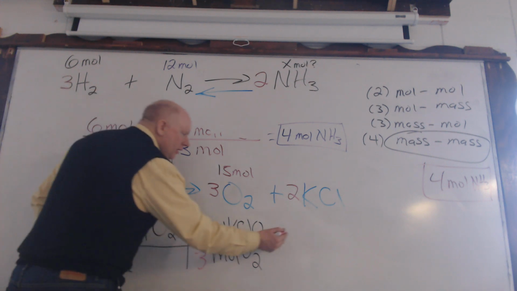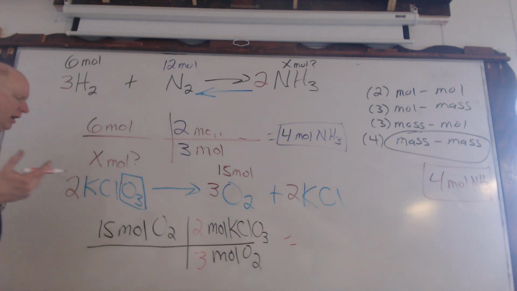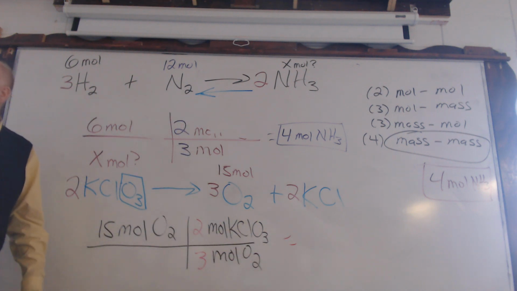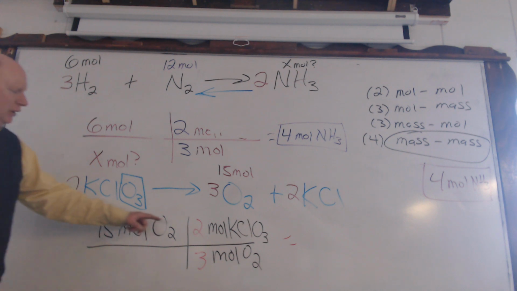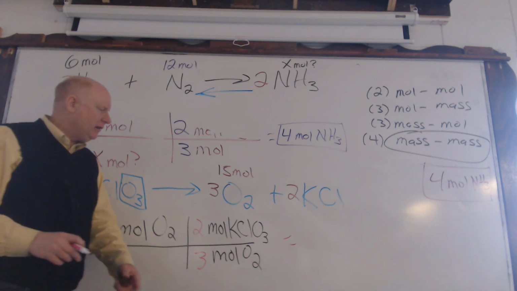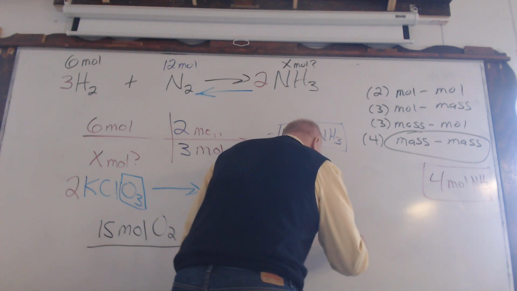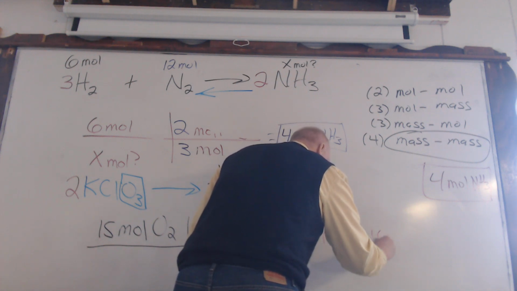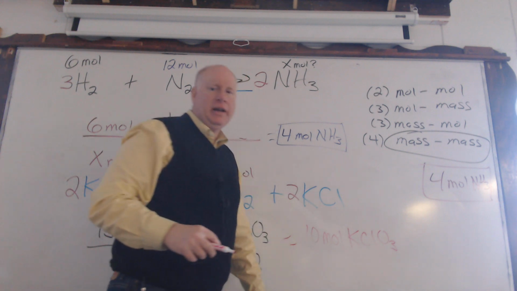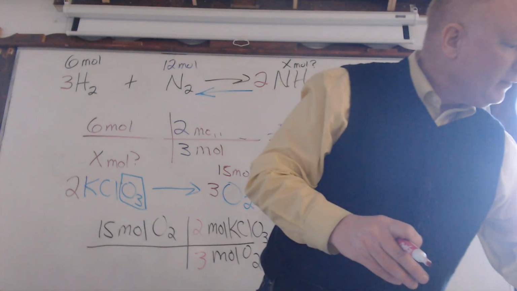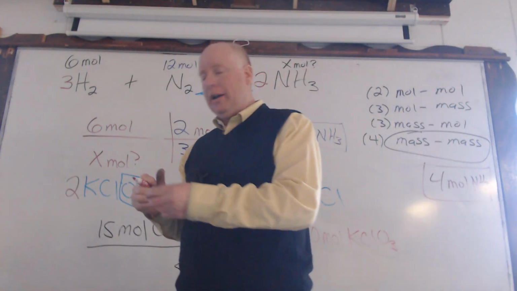So again, if you like doing math in your head, it's fine because we don't have any decimals. 15 times 2 is 30, divided by 3 is 10. Were your labels right? 10 moles of potassium chlorate. Yep, that's what we're supposed to get. All right.